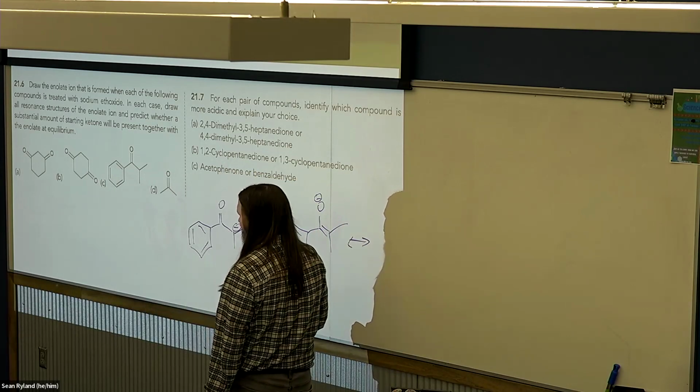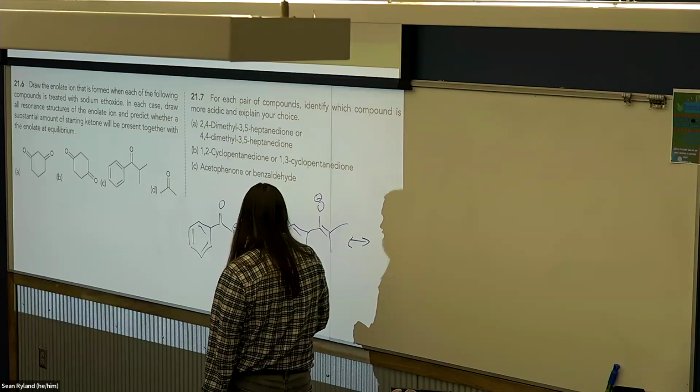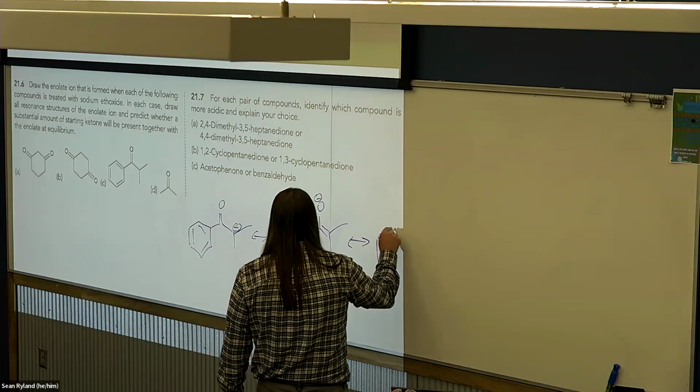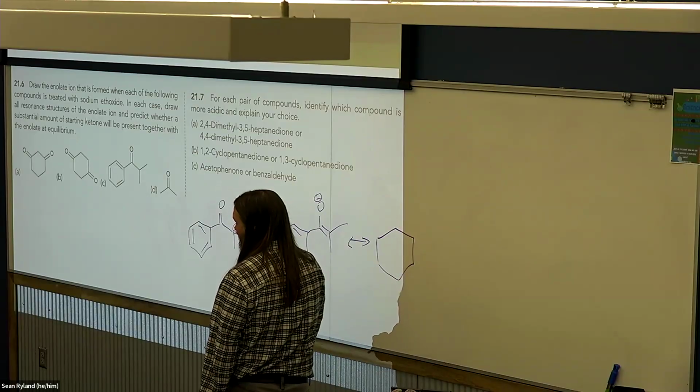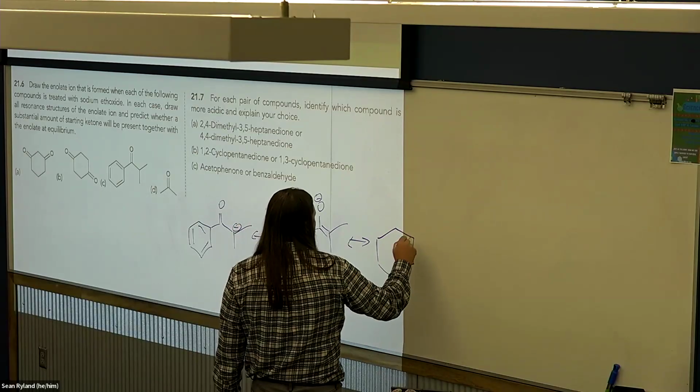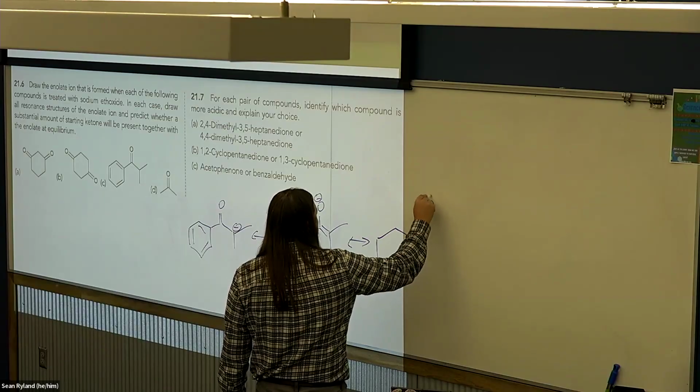When we start looking at C, you cannot have... No. Let's double check, because it's adjacent to a benzene ring, which means there might be some way we can do it.